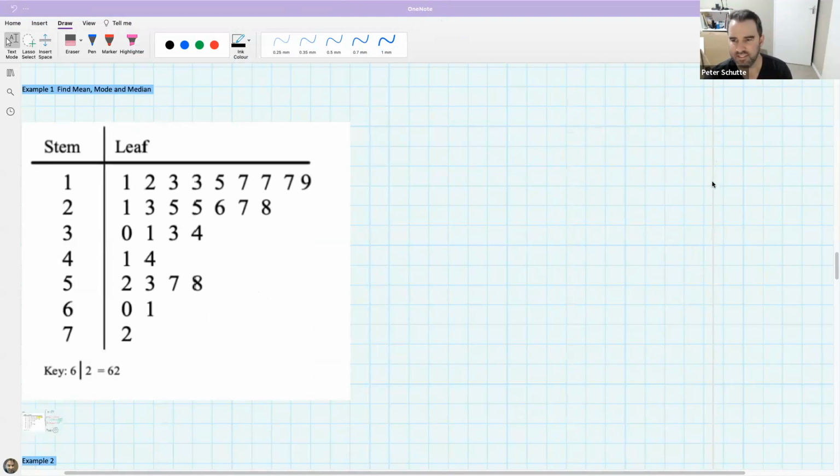So this is a stem and leaf plot. And what is so wonderful about a stem and leaf plot compared to the lists and the table? Why do maths teachers like stem and leaf plots compared to, say, just plain old lists? What makes them nice?